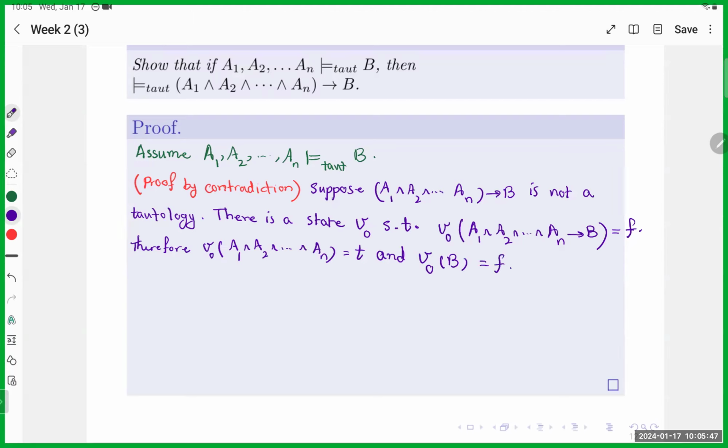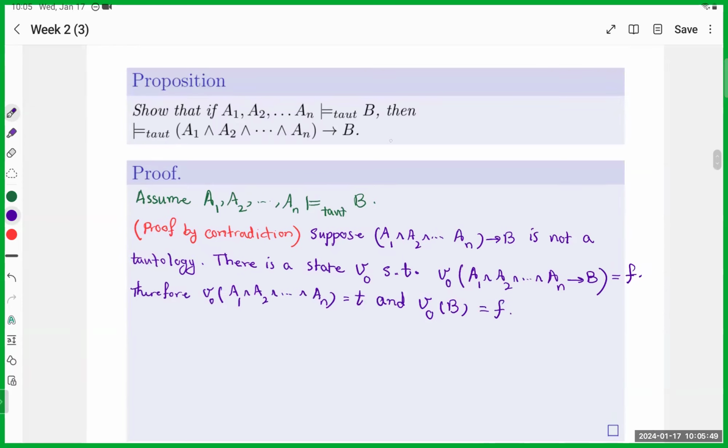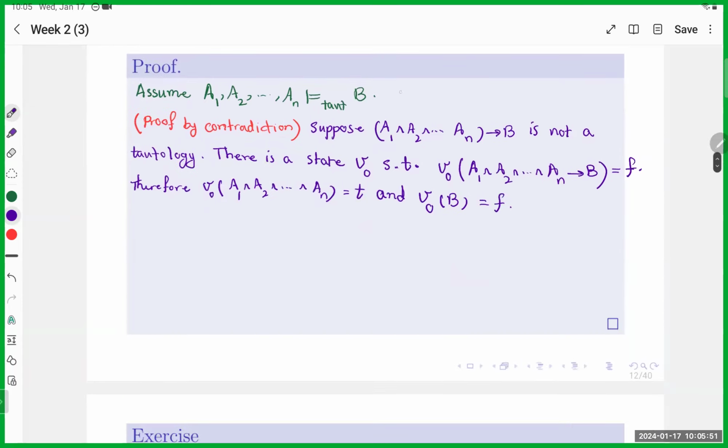But this is a contradiction. Why? It's a contradiction with the assumption. The assumption says that A1, A2, ..., AN tautologically imply B. So any state that satisfies A1, A2, ..., AN should satisfy B. Here we have V0 that satisfies A1, A2, ..., AN, but does not satisfy B.